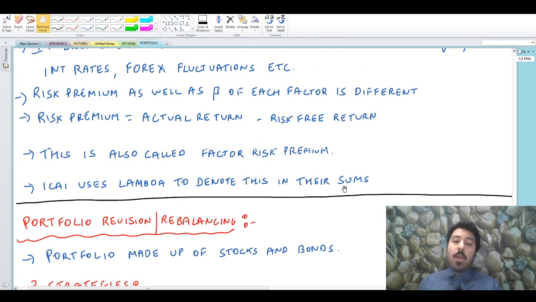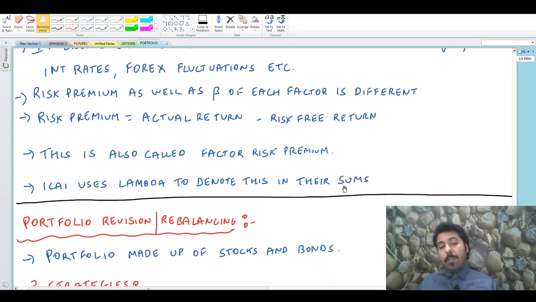So what is happening? See, RE equal to RF plus beta into RM minus RF. This is CAPM. In APT, we'll have multiple things. We'll have RE equal to first RF plus beta 1 into RM minus RF. Instead of RM, we'll have the first factor's return. Okay. Then plus RF plus beta 2 into return 2 minus RF.